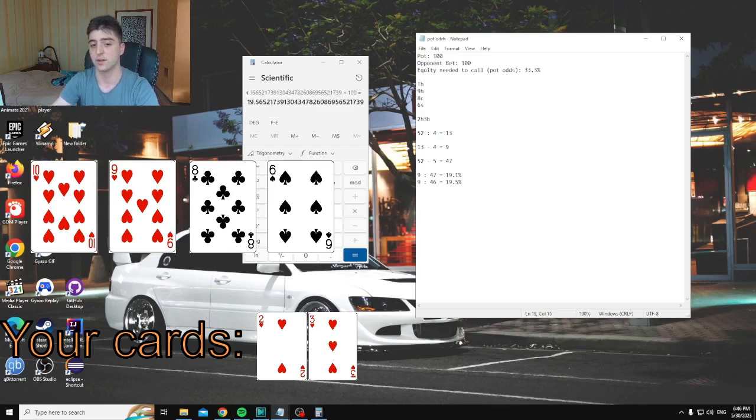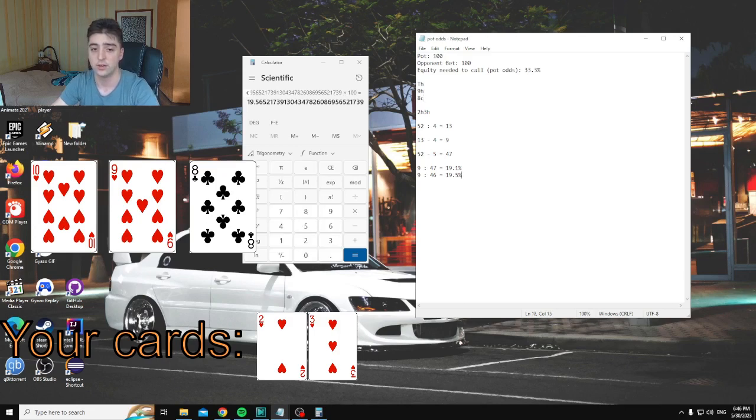So almost the same percent. So this means that in total, when you're on the flop, so the 6 of spades is not yet dealt, you have 19.1 plus 19.5, which equals 38.6%. This is the equity that you have with a first draw on the flop.